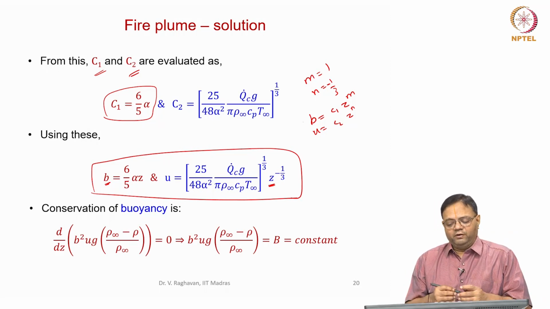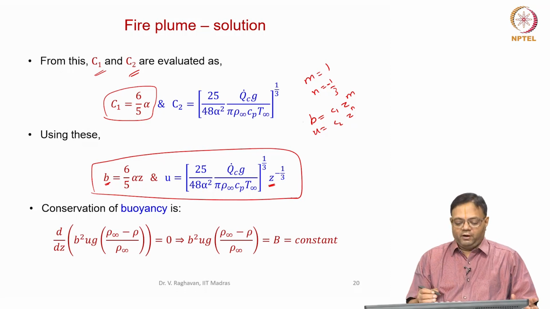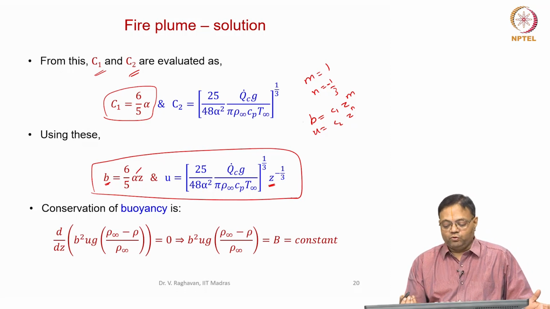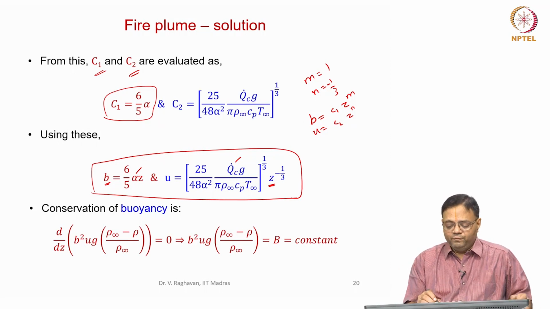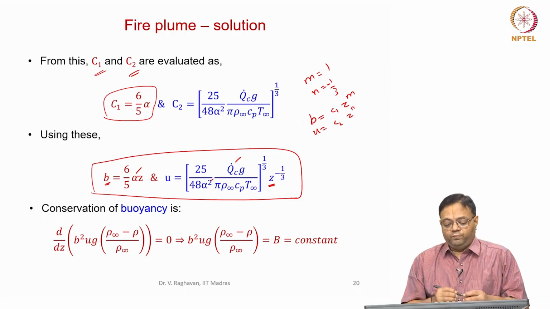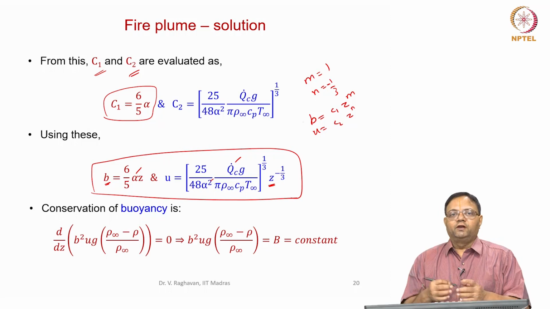So, these are not accurate values, because even here alpha is not very much known to me. Q dot C is only taken as 60 to 80% of Q dot and so on. So, that means here also alpha square comes. So, these are estimates which actually say how the profile varies.